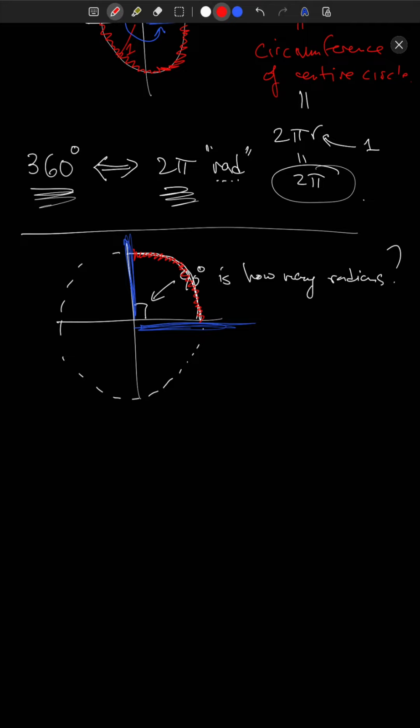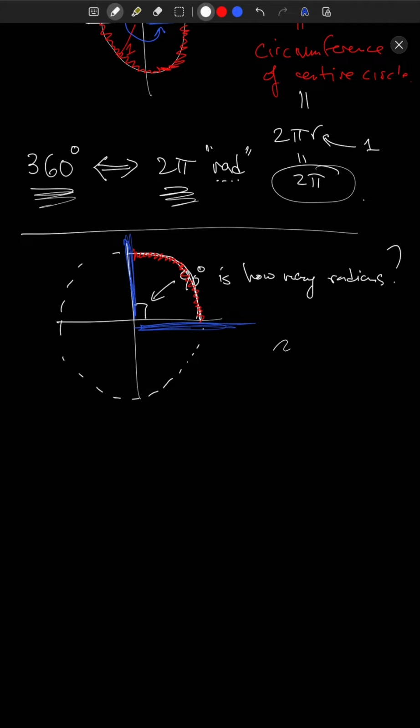And again, this is so simple that you could take out a tape measure and measure this. But we already know that the full circle is 2 pi radians, and this is a quarter of a circle. So this is going to be 2 pi over 4, a quarter of 2 pi radians.